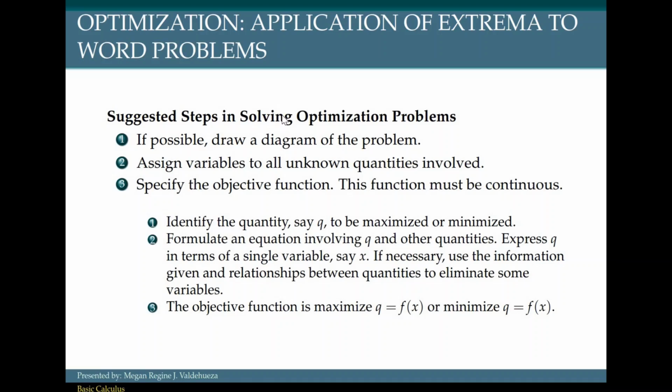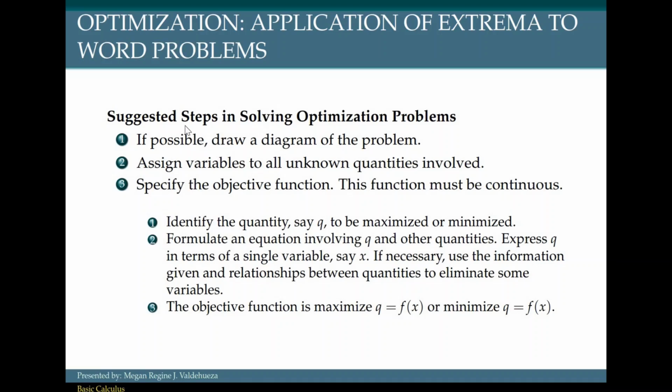If we are given several options for the value of a variable x, how do we choose the best value? Such a problem is classified as an optimization problem. So we will apply our previous discussion in finding the extremum values of a function to solve optimization problems.